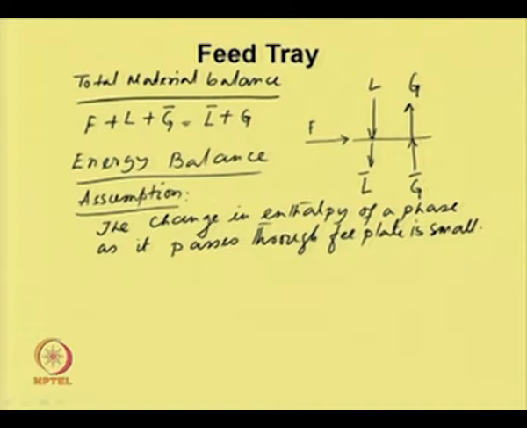So, the change in enthalpy of a phase as it passes through the plate is small. If we assume that, then we can write the energy balance equation: F HF plus L HL plus G bar Hg is equal to L bar HL plus G Hg.